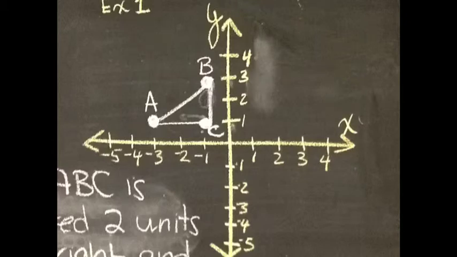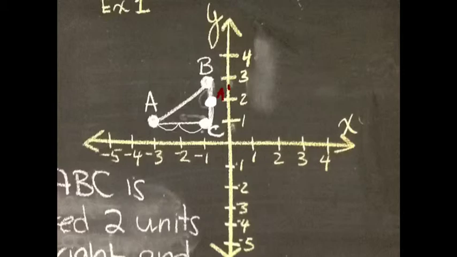If we start off by translating point A, we have to move it 2 units to the right, 1, 2, and then 1 unit up. So point A prime, the new point A in a sense, is going to be right here. I'm going to write that in red and put A prime. Let's check out where B prime would go.